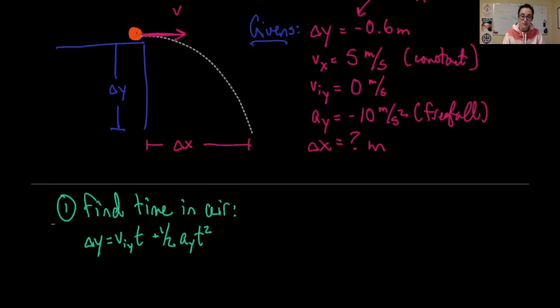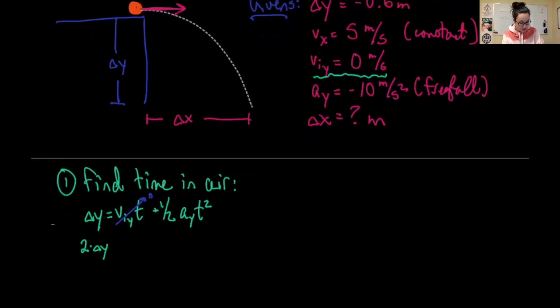Okay, so we're looking for the time. The initial y velocity is 0. That means that the instant it leaves the table, it has no vertical component to its velocity. So that whole first term is equal to 0. Okay, so I'm going to isolate t. So multiply both sides by 2. Divide both sides by a. And I take the square root of both sides. So there's the equation for the time.